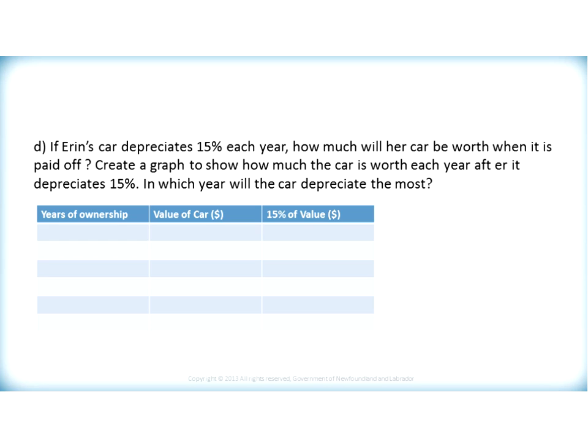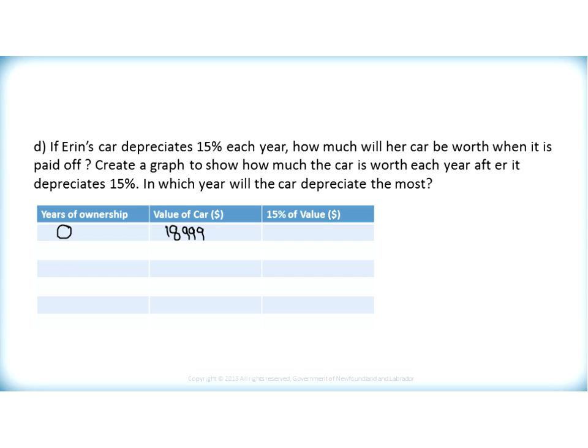So we're going to start with her when she buys the car. So how long has she owned the car? How many years? Well, she's owned it for 0 years. And we also know that the value of the car when she first buys it is $18,999. If it depreciates in value, that means it's going to go down in value.